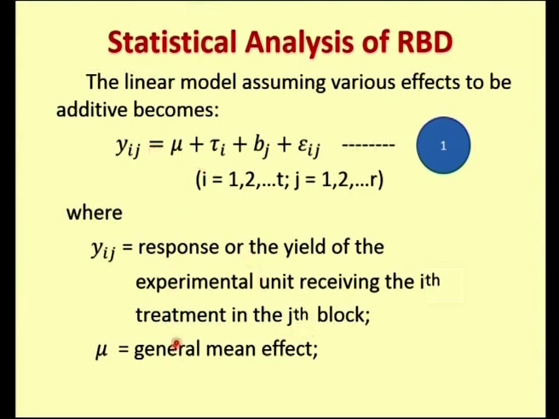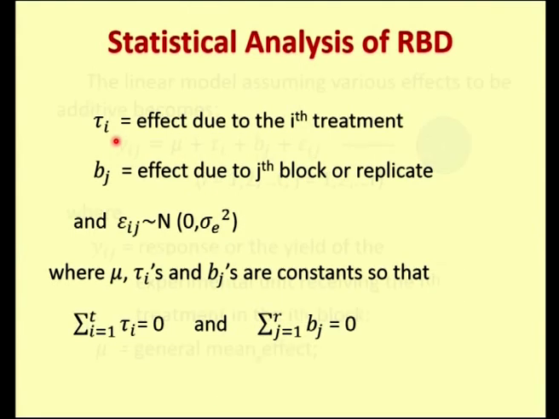Mu is defined as the general mean effect. Also, tau_i is the effect due to the ith treatment, and B_j is the effect due to the jth block or replicate. Here epsilon_ij are assumed to be independently and identically distributed normal variates with mean 0 and variance sigma_e squared.